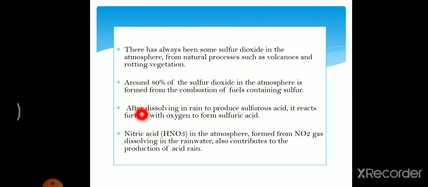As in the previous slide I told you how sulfurous acid turns to sulfuric acid, it reacts further with oxygen. Sulfurous acid H2SO3 plus O2 gives H2SO4. Now this point explains that not just SO2 is responsible for acid rain. NO2 gas also dissolves in rainwater and forms an acid.